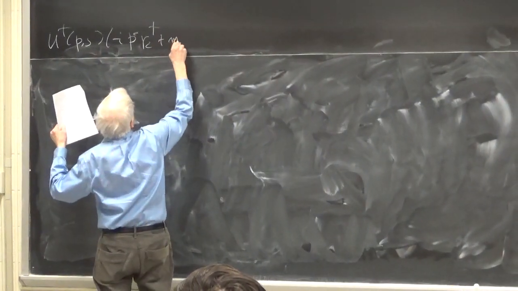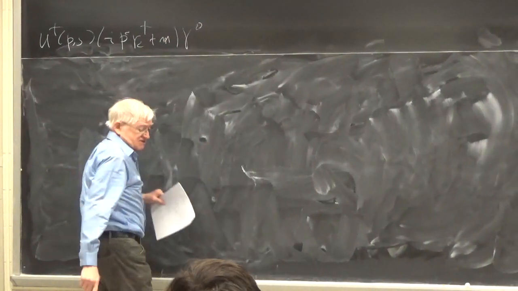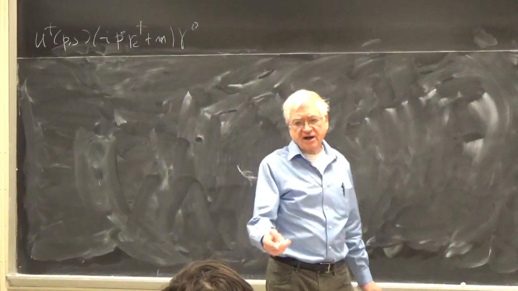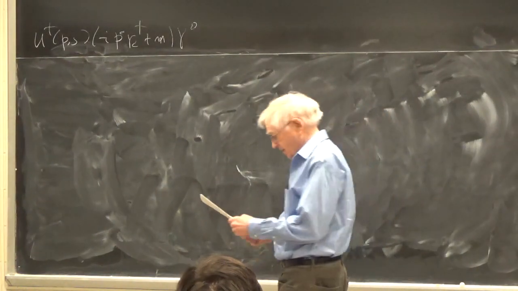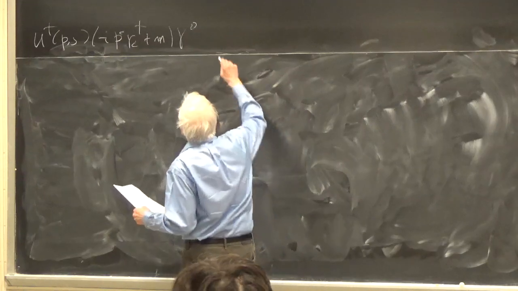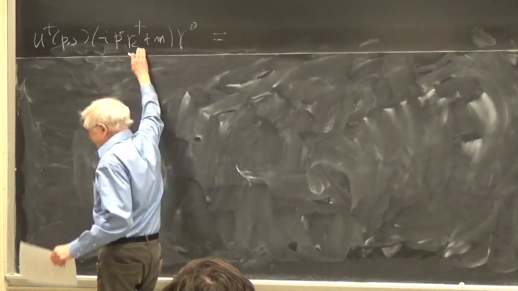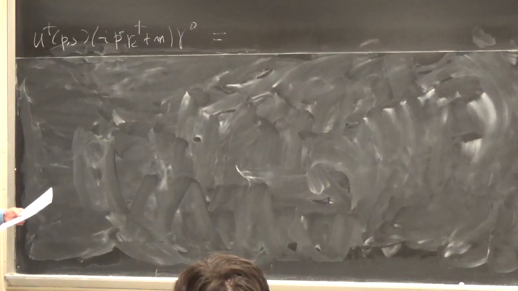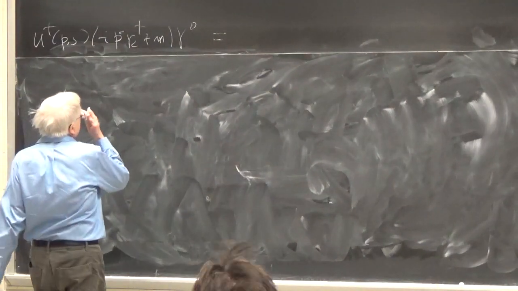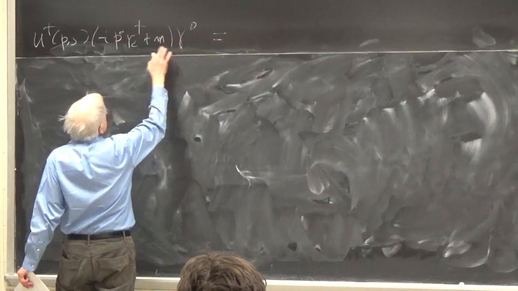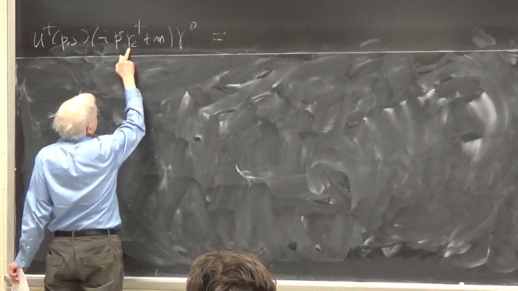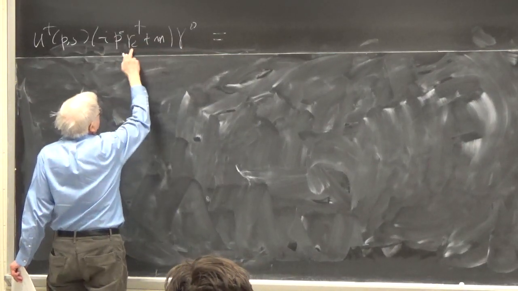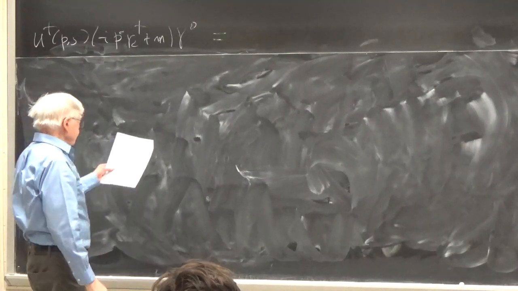plus m, and now we multiply by gamma 0. And this is, again, another reason why this beta comes in. You see, the spatial gammas are Hermitian. Gamma 0 is anti-Hermitian. On the other hand, gamma 0 anti-commutes with the spatial gammas and commutes with the ordinary gamma.